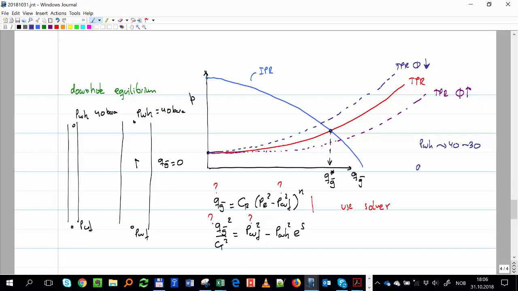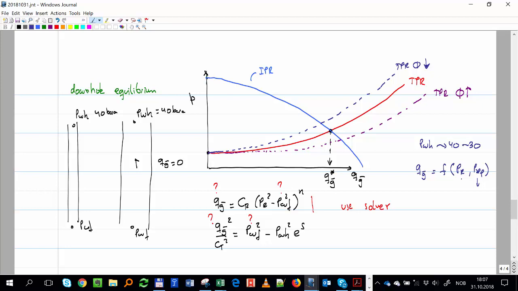Remember what drives the Q: the Q is a very complicated function of reservoir pressure and separator pressure. This is the driving force driving the flow, the difference between reservoir and separator. If I lower this one, the difference will be higher, and because the difference is higher, the rate should be bigger. Is that clear?